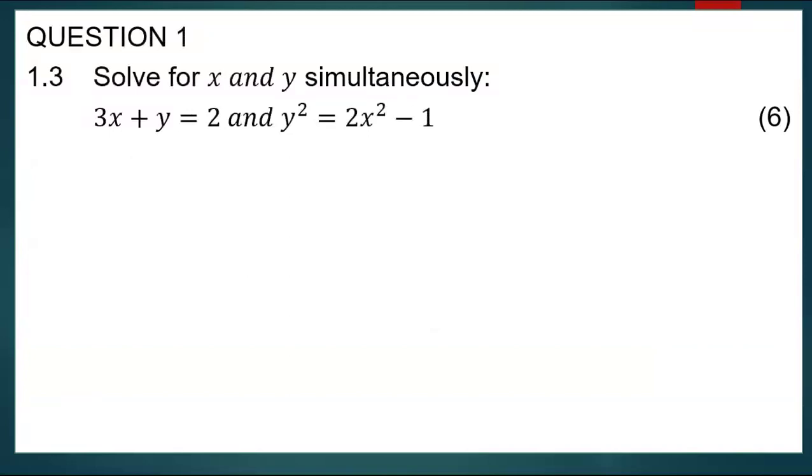What are the steps that we need to follow when we solve simultaneous equations? First of all, label those two equations. We've got two equations, label them: one is equation one and the other one is equation two.